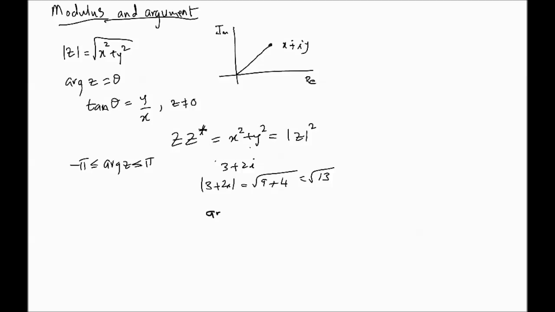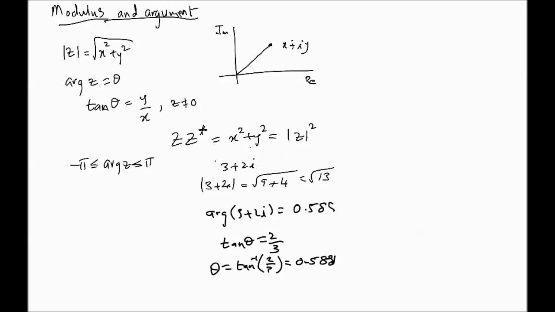Its argument is calculated as follows: tan theta is 2 over 3, so theta is the tan inverse of 2 over 3, which in radians turns out to be 0.588. So that's how we calculate the argument.